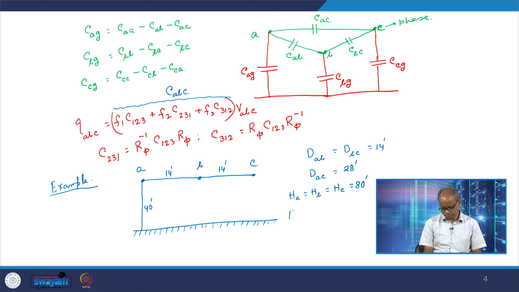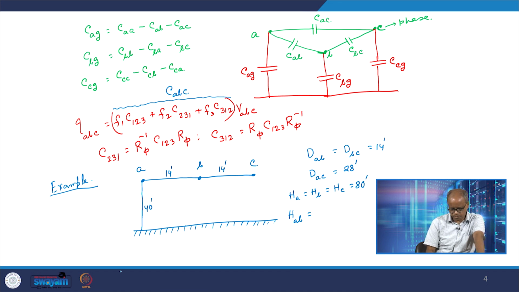Now HAB is nothing but the distance between the original phase B and the image conductor of phase A. So it would be this distance. This distance is 80 and this distance is 14.